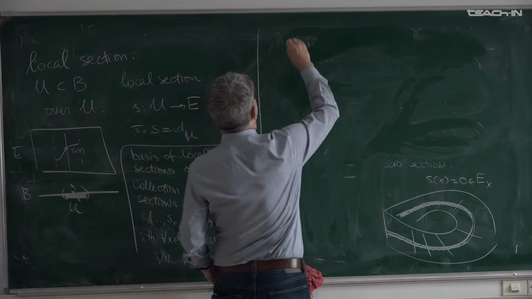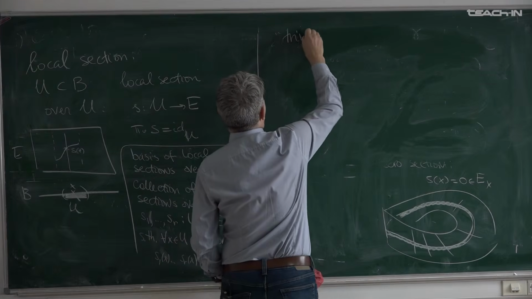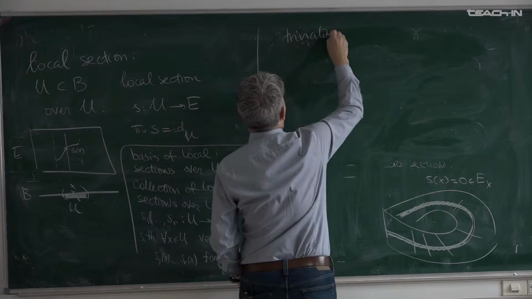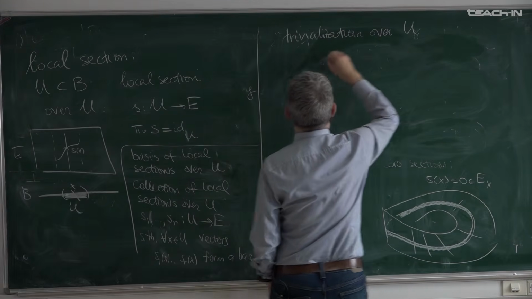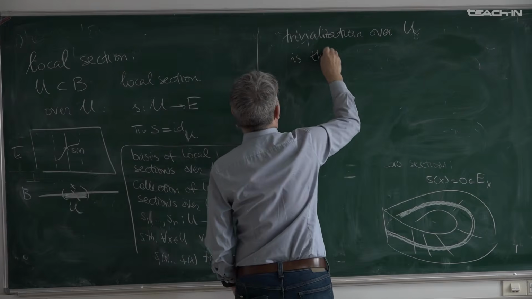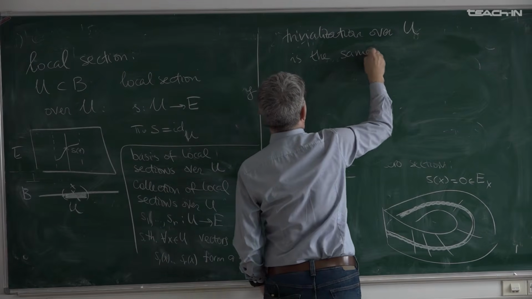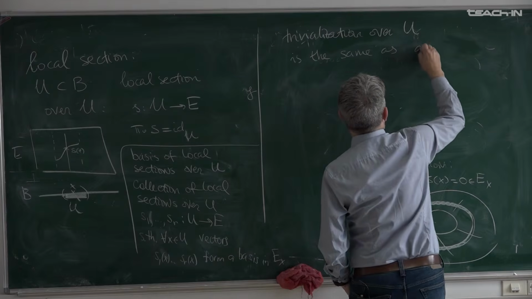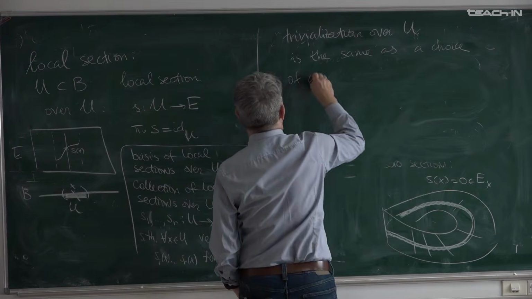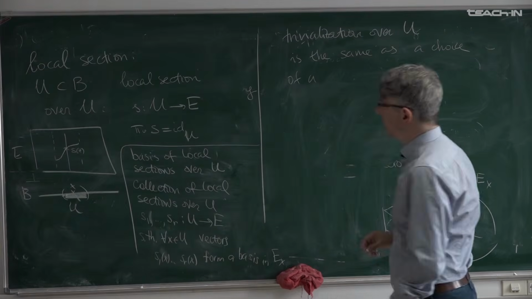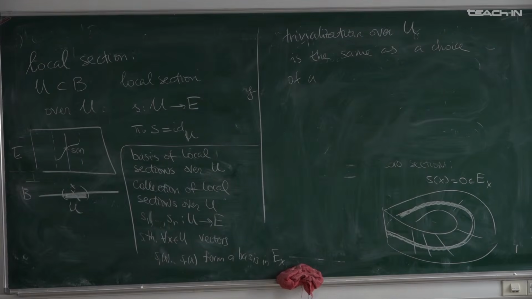I want to say that trivialization over U is the same as a choice of the basis of local sections, which has a very specific name, local frame.